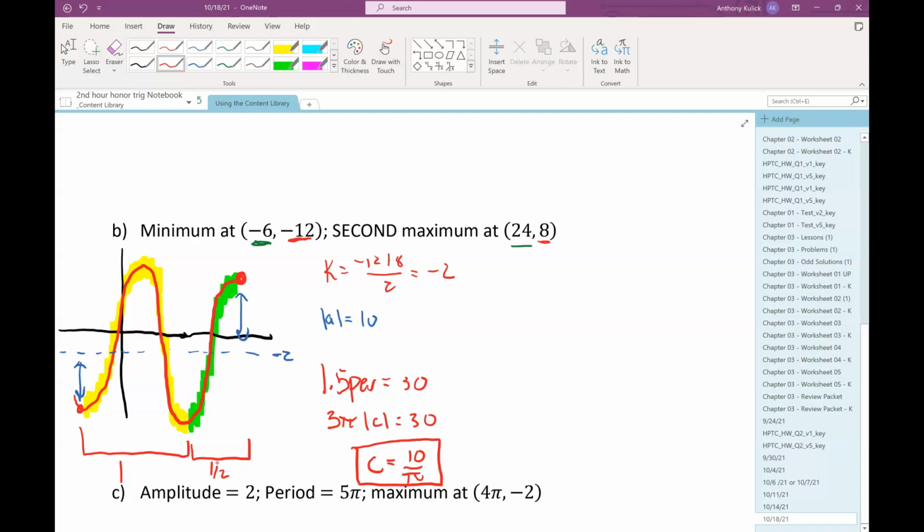So which type of trig function do I want to use here, sine or cosine? Well, one is certainly going to be easier. Yeah, which one? I would use cosine. Okay. You know why I would use cosine? Because I have maxes and mins. Oh, yes. Okay.